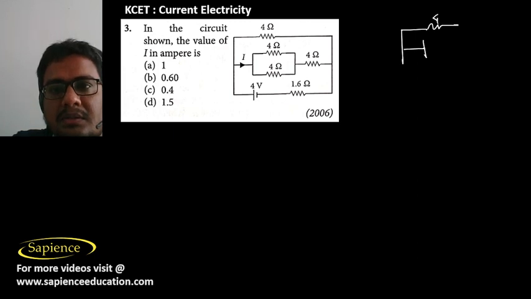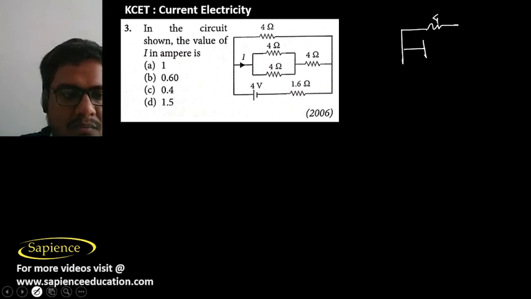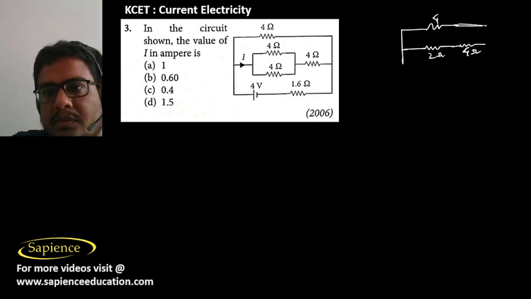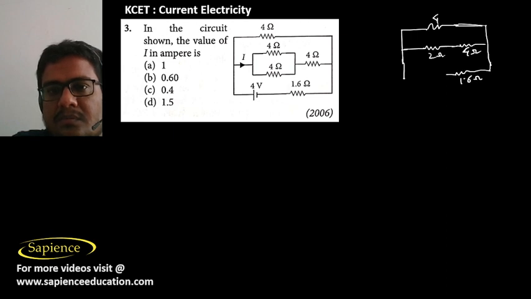That's why their equivalent is 2 ohm. Two resistors connected in parallel, 4 ohm each, therefore their equivalent is 2 ohm. And here we have 4 ohm in series with it.